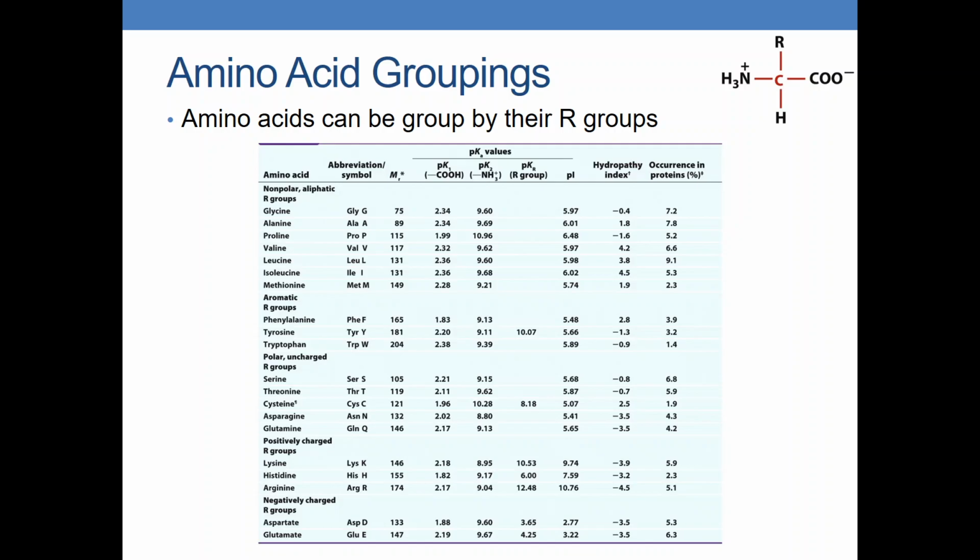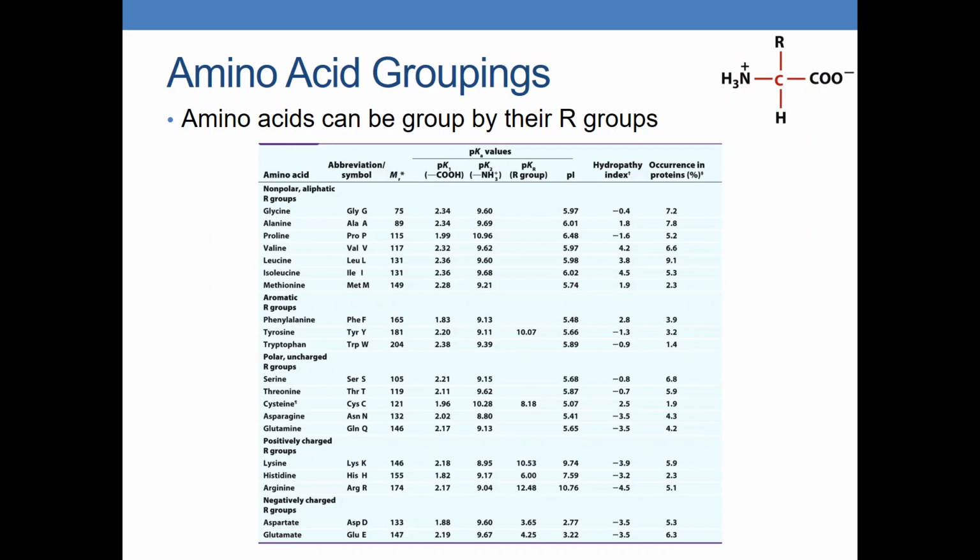So for those that have already forgotten, everything that we talked about in part 1 of chapter 3, this is the general structure of an amino acid. At the center you have an alpha carbon. This is, with the exception of glycine, typically going to be your chiral center for that amino acid. You have an alpha carboxylic acid, alpha amino group, a proton, and your R group. So the grouping here is centered on the identity of that R group.